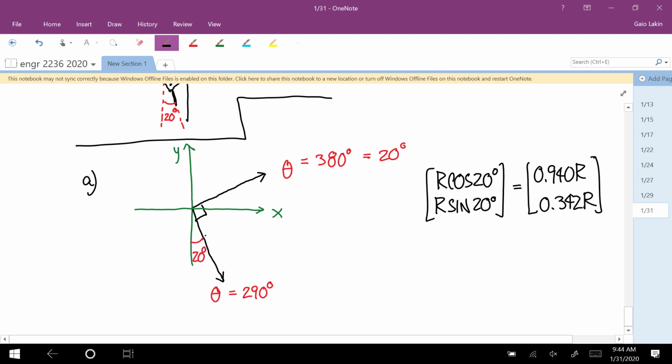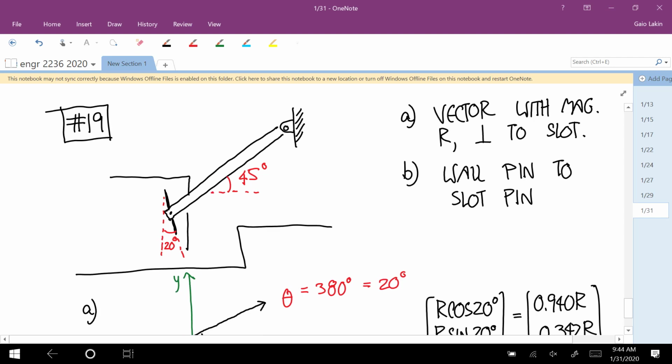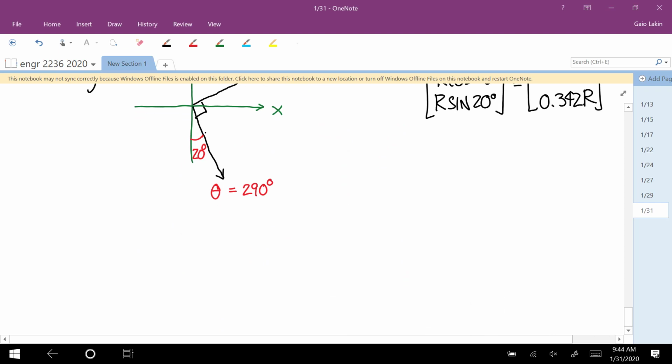Right. So the vector from the wall pin to the slot pin, you're just trying to find a vector like this. Well, I'm going to do that the same way that I did this.